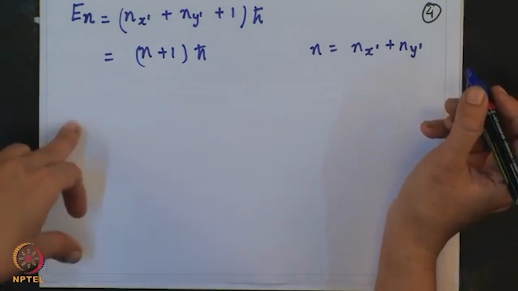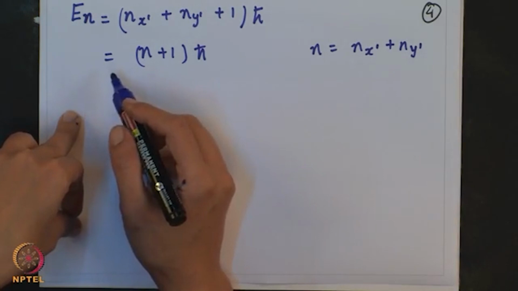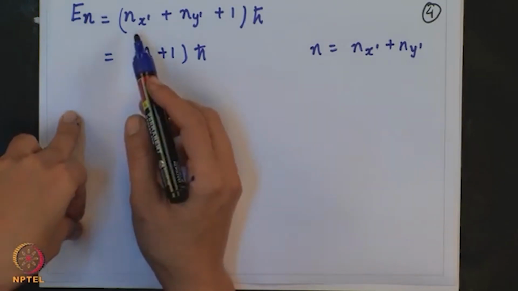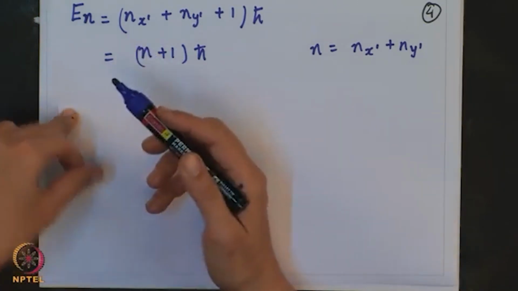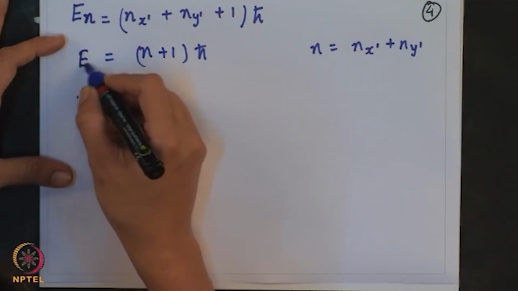So, here we have to find out for different values of n_x and n_y, we may have a degeneracy. This is my E_n.